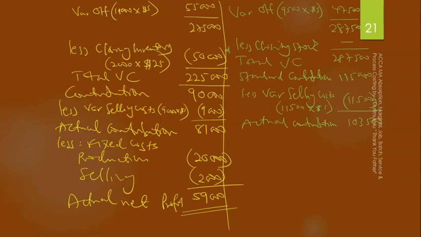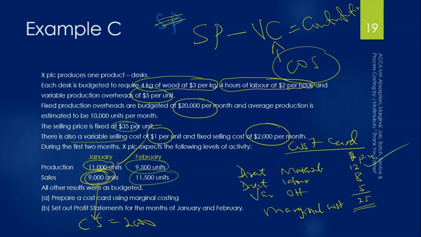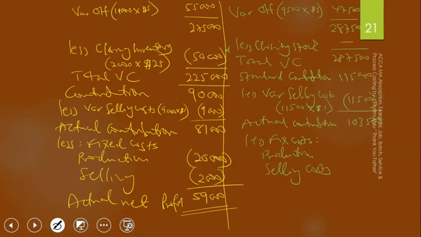All right, and then we have to consider the fixed costs. We've got production fixed costs and selling fixed costs. For the production, we consult the question here. This is the paragraph. That's 20,000 according to the budget.